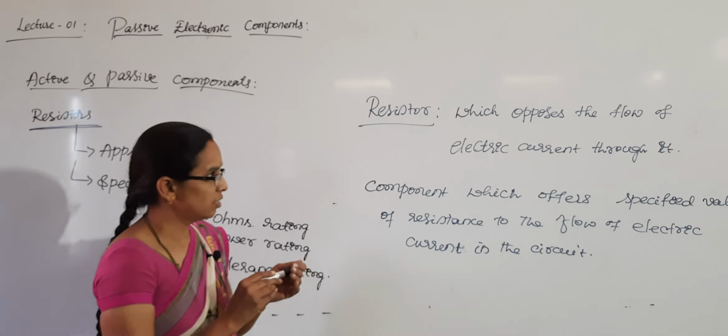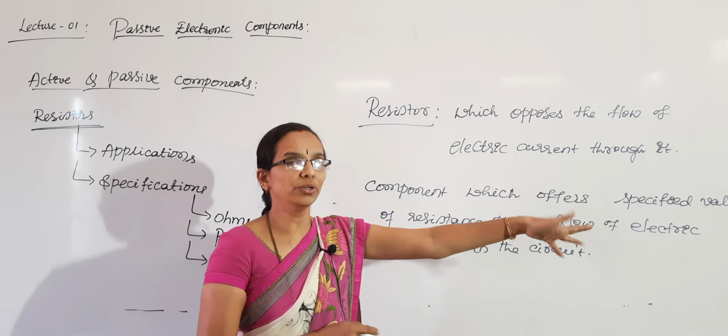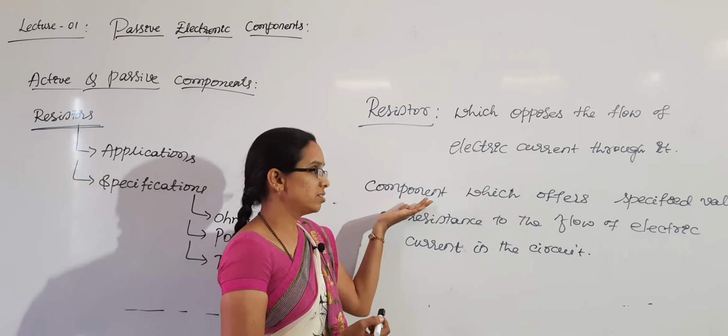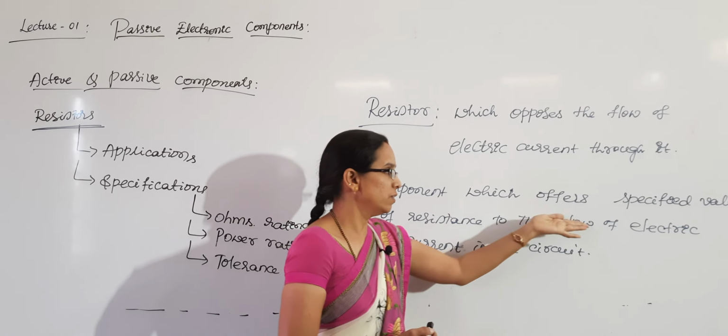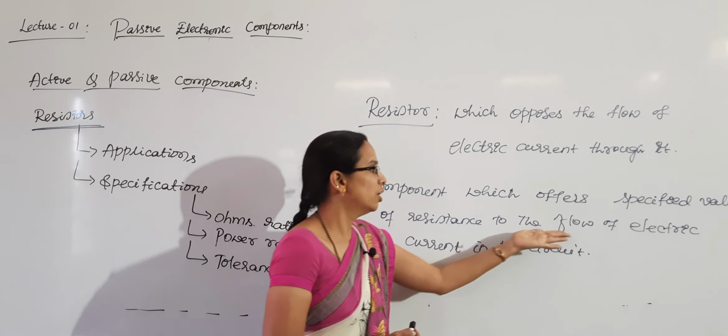So, a resistor opposes the flow of electric current through it, that also you can write. A resistor is a passive electronic component which offers a specified value of resistance to the flow of electric current in the circuit.